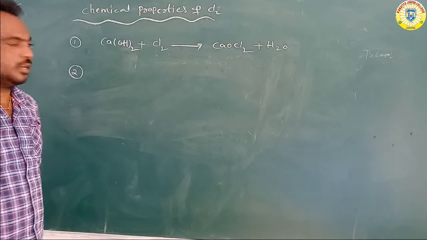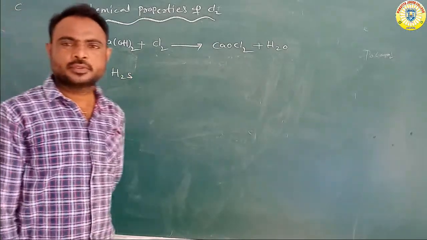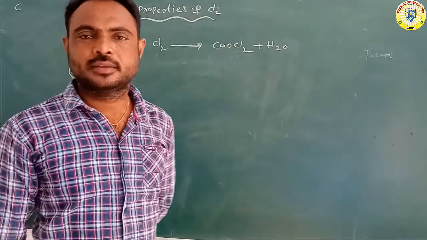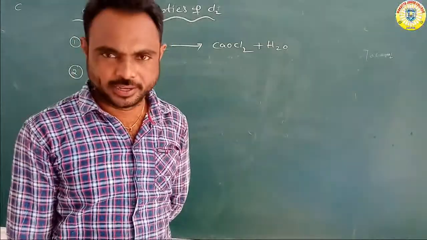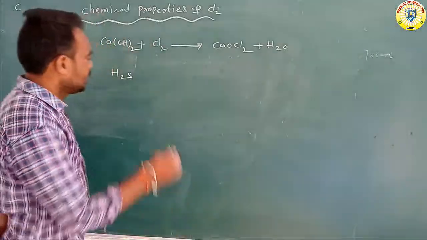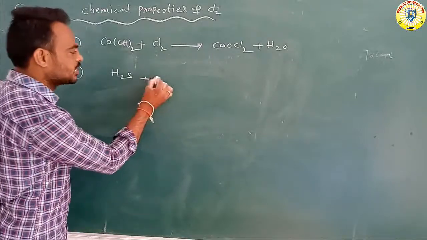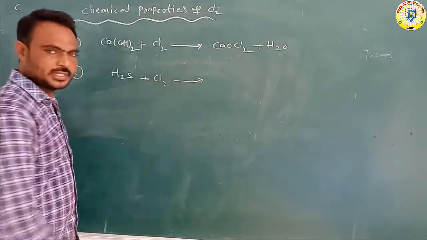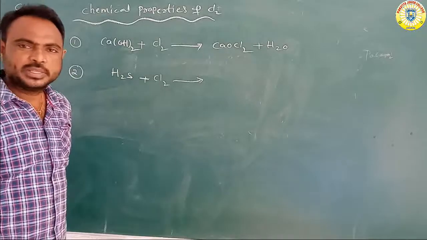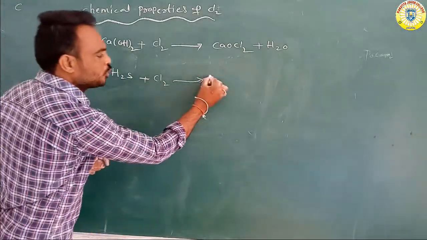Next, chlorine reacts with H2S. H2S means hydrogen sulfide. When hydrogen sulfide reacts with chlorine gas, in this reaction H2 and Cl2 form 2HCl.